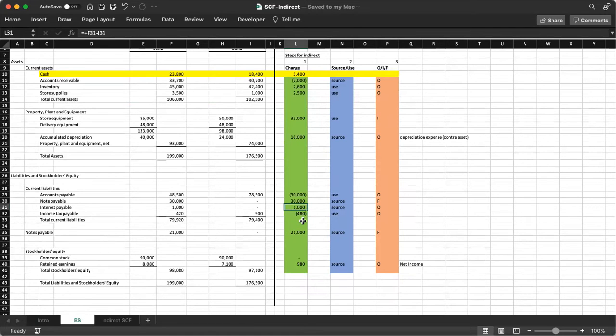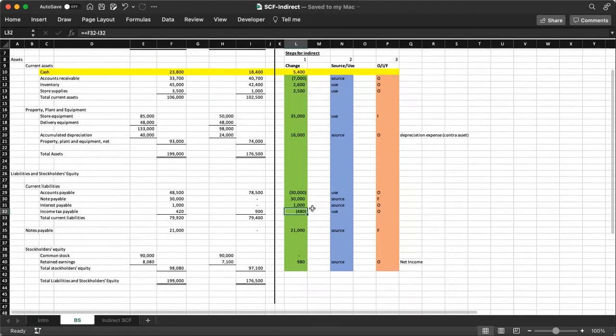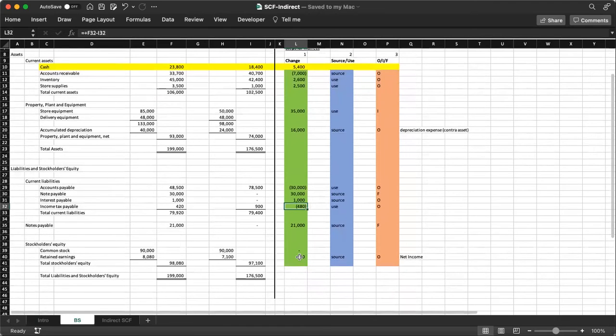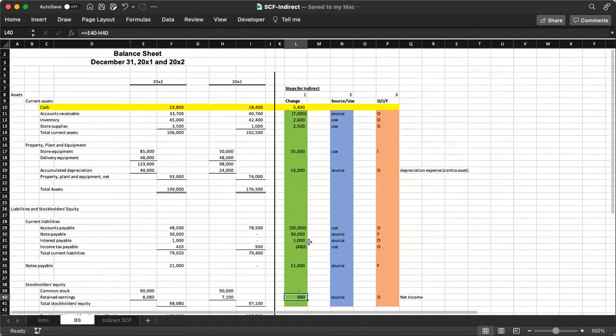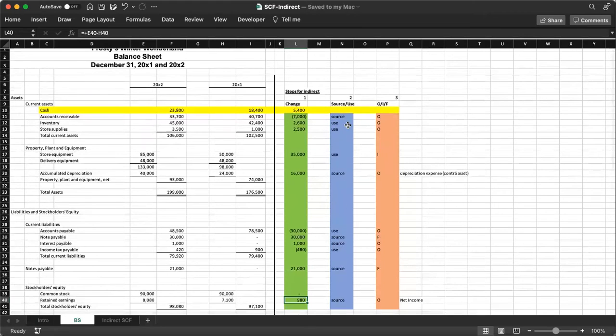We have an increase of 1,000 in interest and a decrease in income tax payable. And our last item is the change in retained earnings, which increased by 980, which is your net income for the current year.